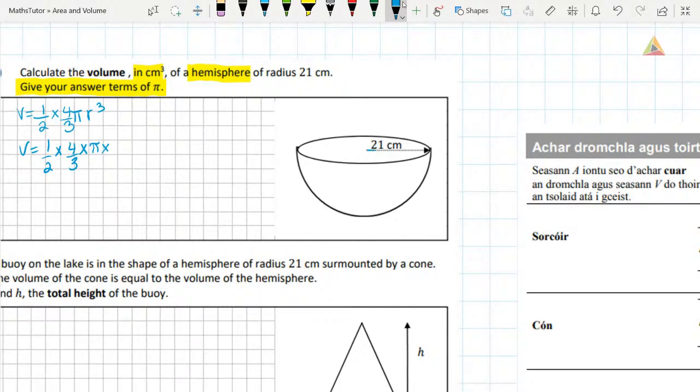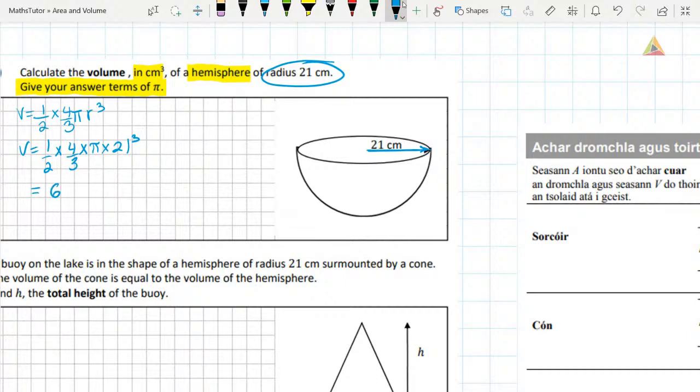And when I look at the diagram, I can see that the radius of this hemisphere is 21, and it tells me that in writing here in the question as well. So multiplied by 21 cubed. And that can go into my calculator, and my calculator will give me my answer in terms of pi.